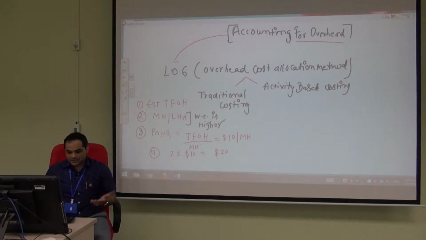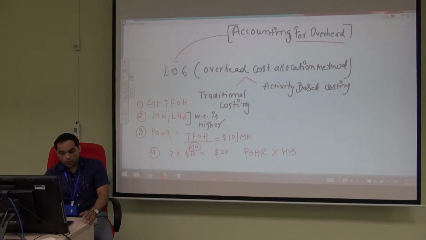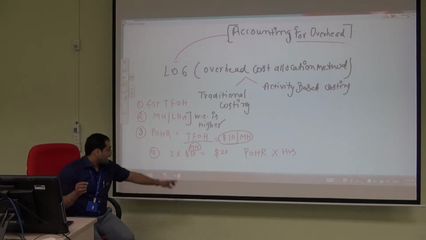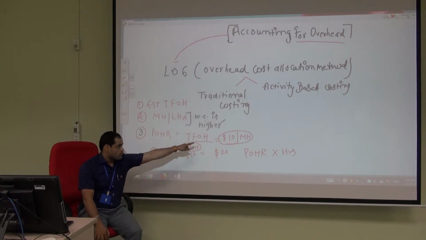So that's the idea. I can say that step 4 means POHR multiplied by hours. It could be machine hours or labor hours. Remember, if the rate is in machine hours, then you will multiply by machine hours because the rate is machine hour.